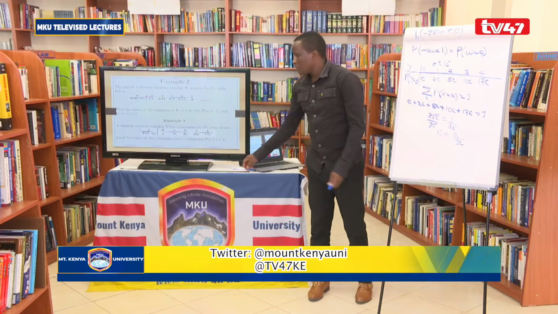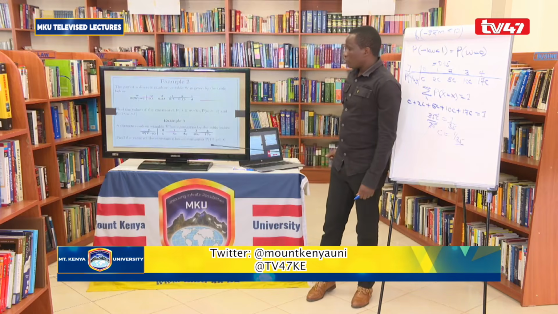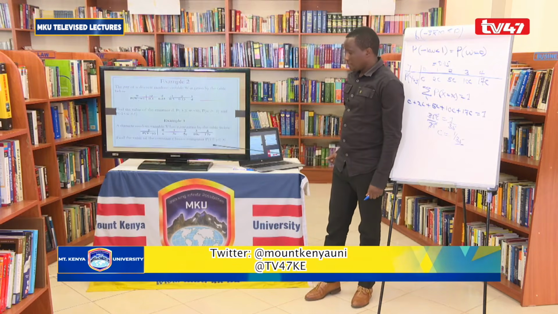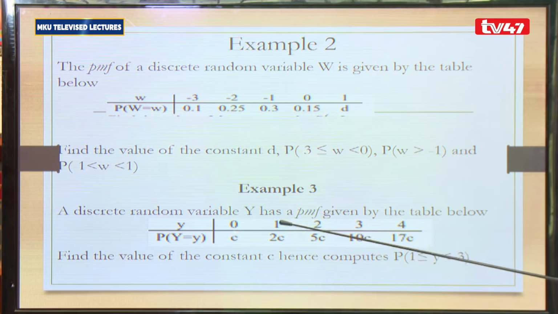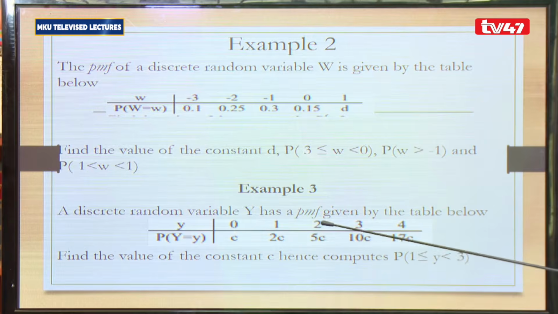And we can apply that to compute the probability that Y is in the interval between 1 and 3, where 3 is not included. So that means we will need the values of Y when Y is 1 and when Y is 2 only, because we don't want to include 3.